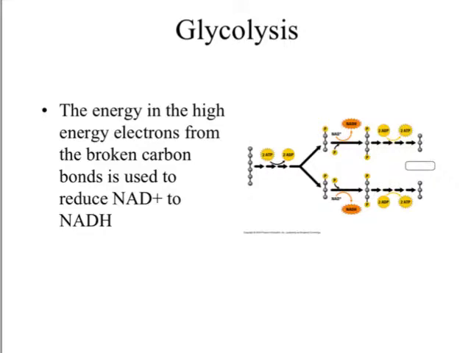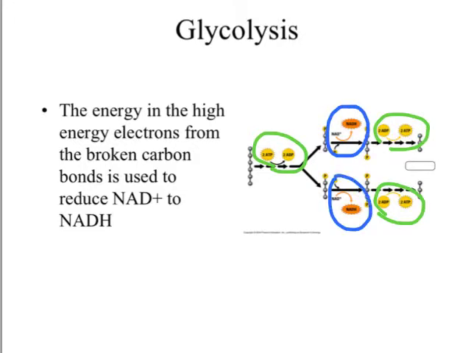So as we look at glycolysis, you can see that, again, remember, we used 2 ATP, we got 4 ATP in the end, so we have a net gain of 2 ATP molecules. But you'll also notice that we've got a couple of other molecules that were reduced in this reaction.